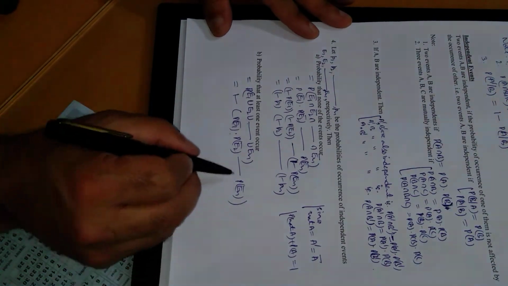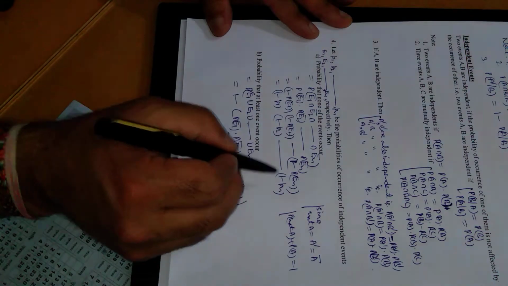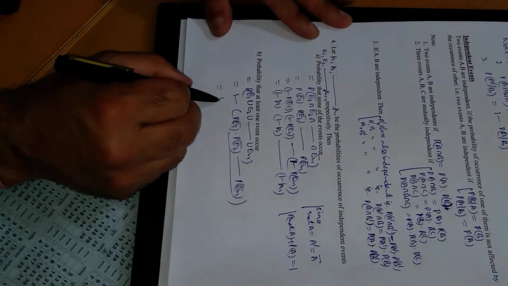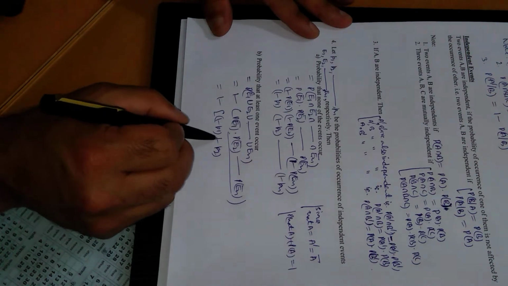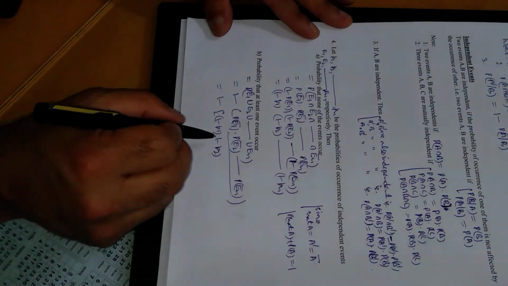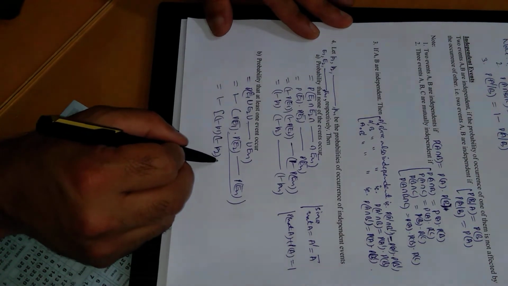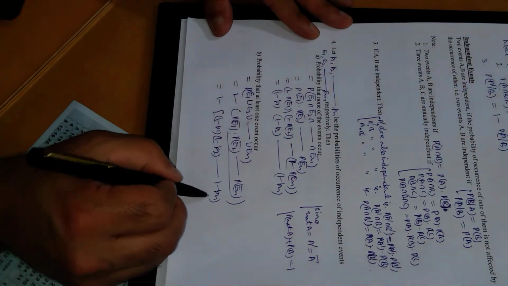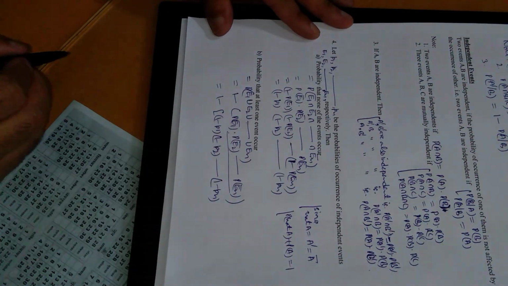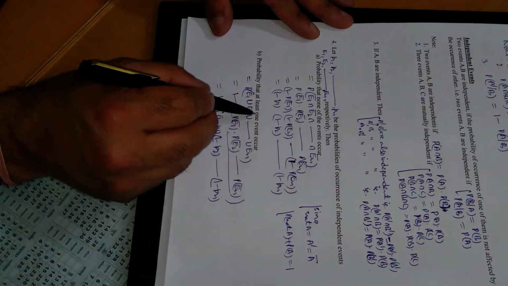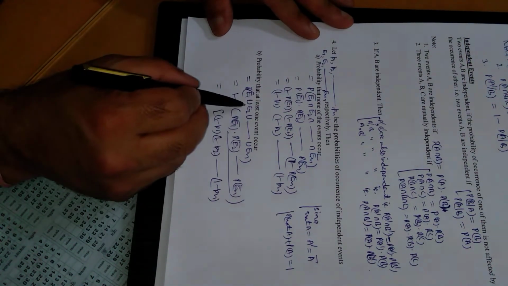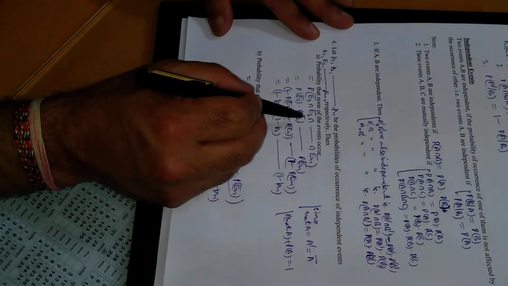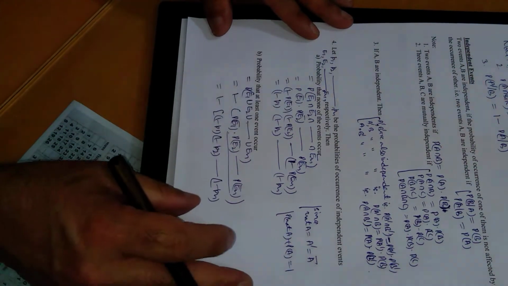Because this probability is already known, just substitute these values here: 1 minus P1, 1 minus P2, and so on, 1 minus Pn. Alright, so this is the probability that at least one event occurs, either E1 or E2 or En. Union means at least, and intersection means both.